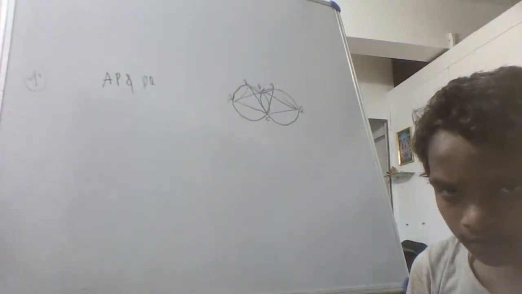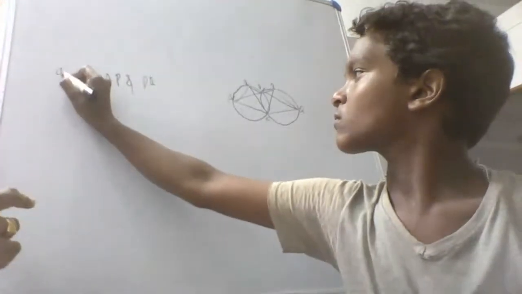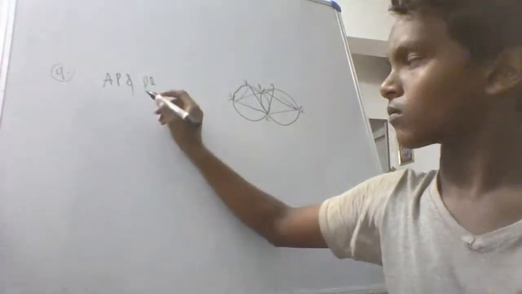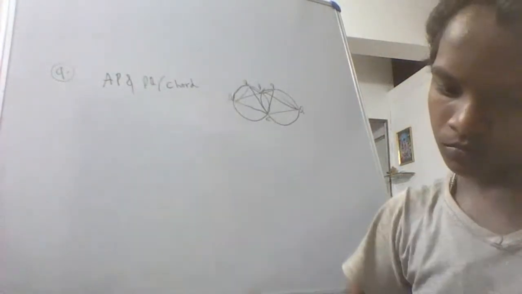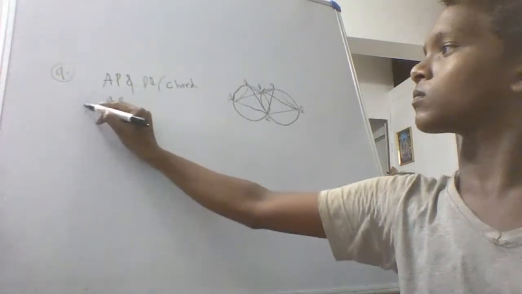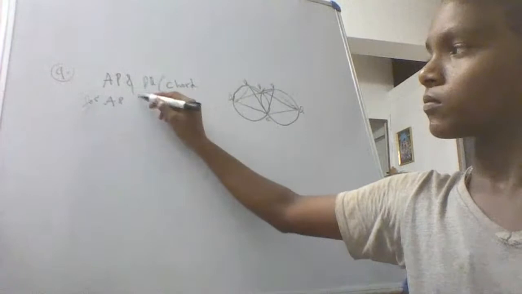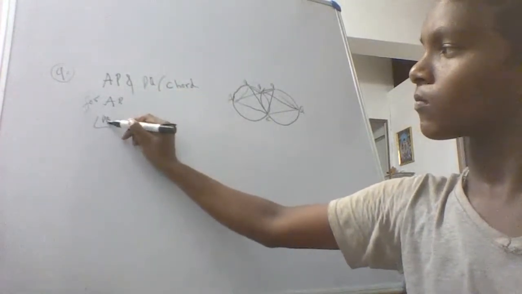Now for the chord AP, angle PBA is equal to angle ACP.